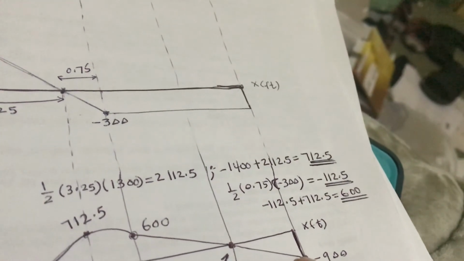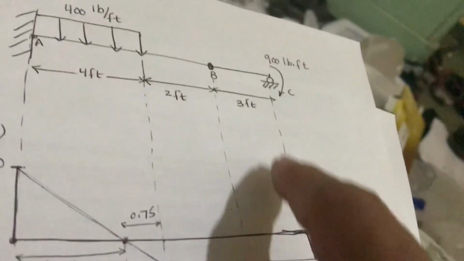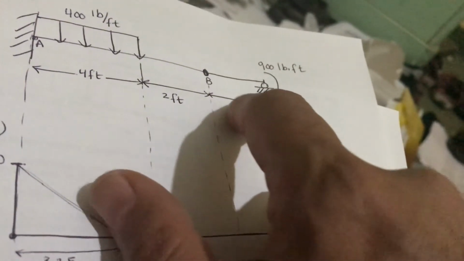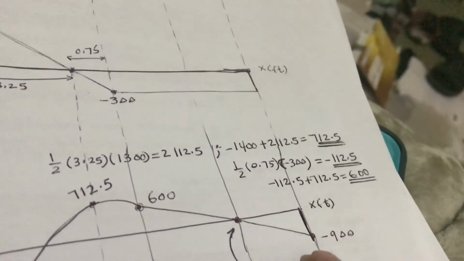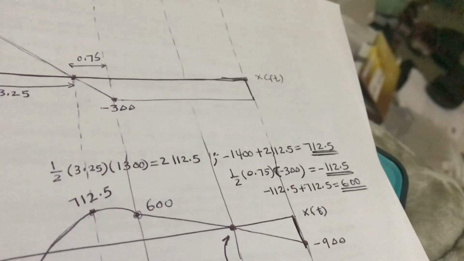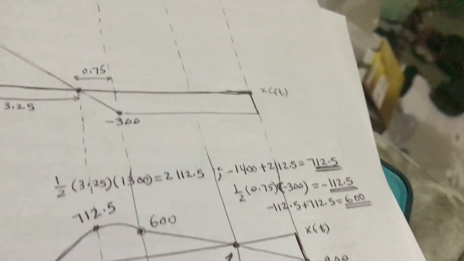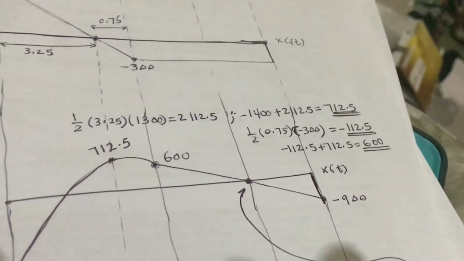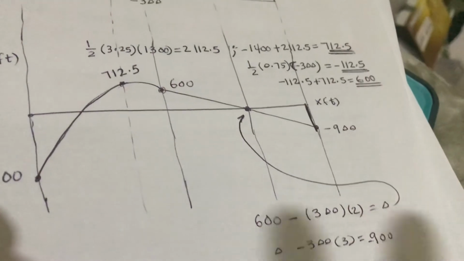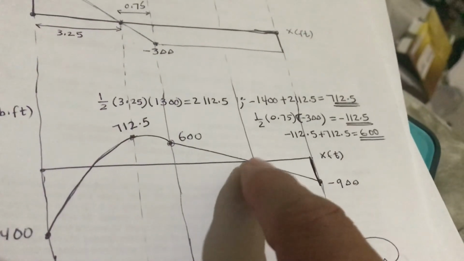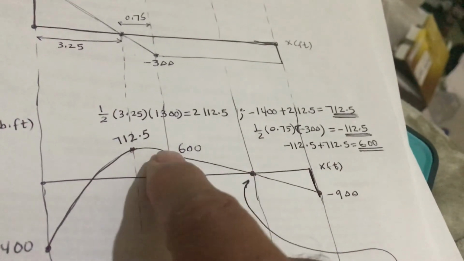So minus 900 here, and remember that there is a moment here, and this one is going in the negative. You make it plus, opposite. So it is minus 900, and you go up to 0, because minus 900 plus 900 goes to 0. So this is the moment diagram. And of course, at this point, the moment is 0. Why? Because it's a straight line.